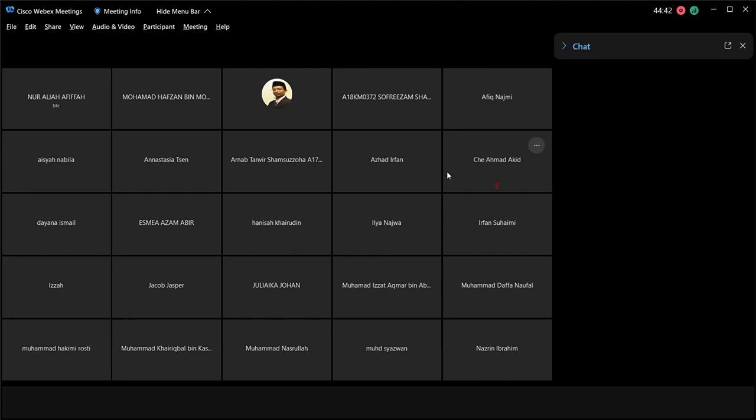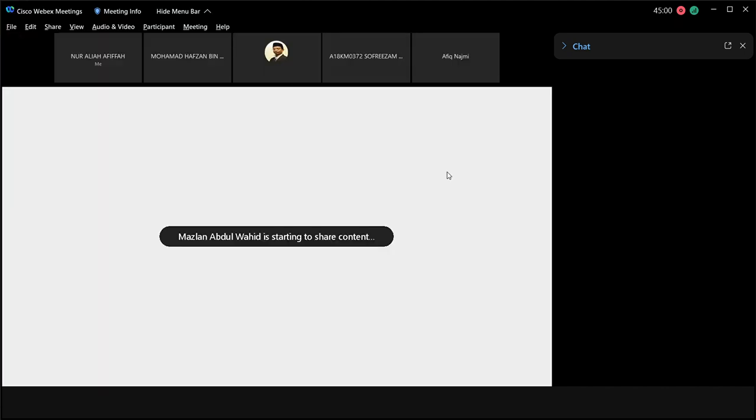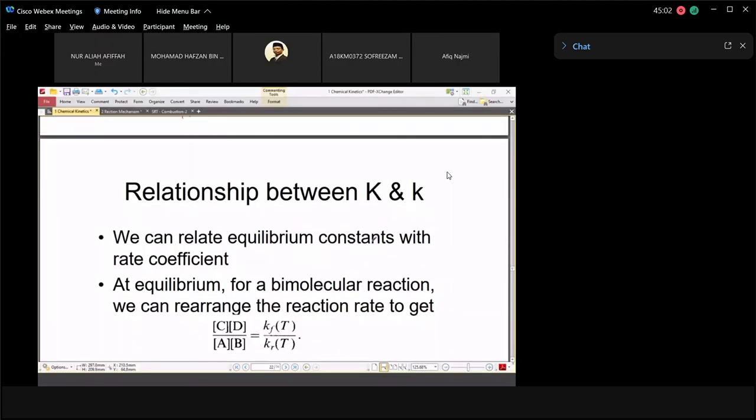Let's go back to this reaction mechanism. Okay, the relationship between the equilibrium constant and the k.